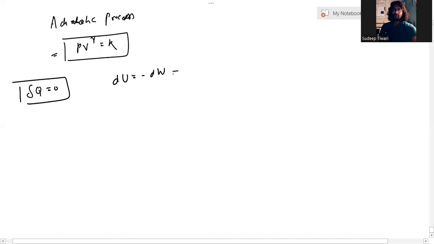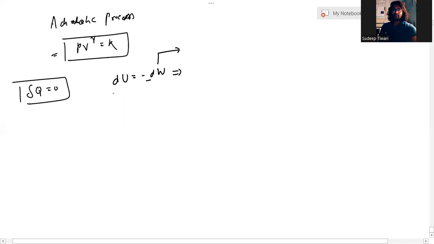That is why I'm using d here, because along all adiabatic paths, your work done is no longer a path function. It becomes a state function, equal to dU. Okay. So the decrease in internal energy of a thermally insulated system is equal to the work done by the system. And the increase in internal energy is equal to the work done on the system.